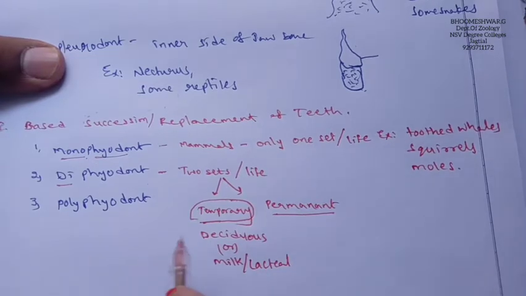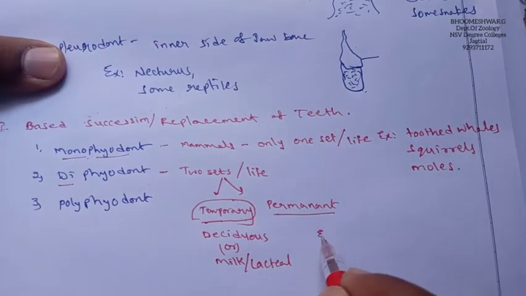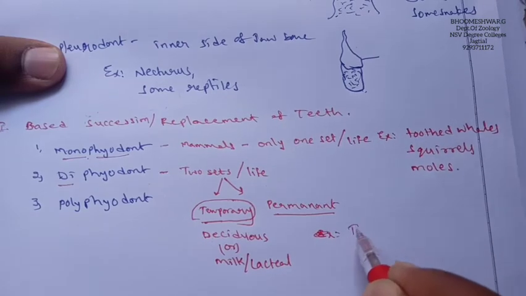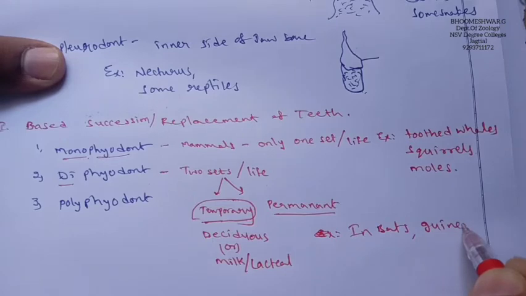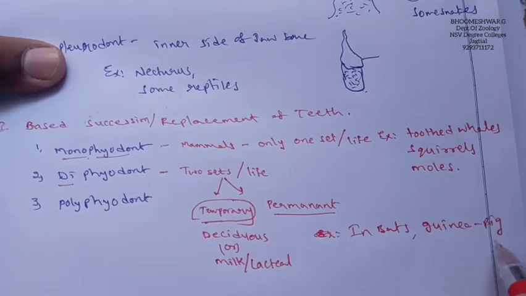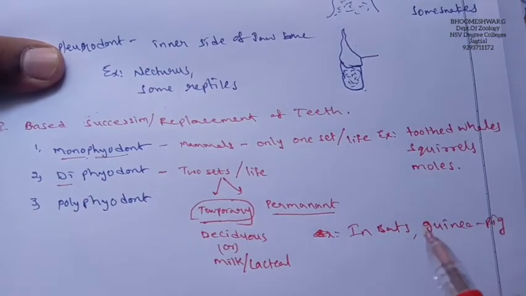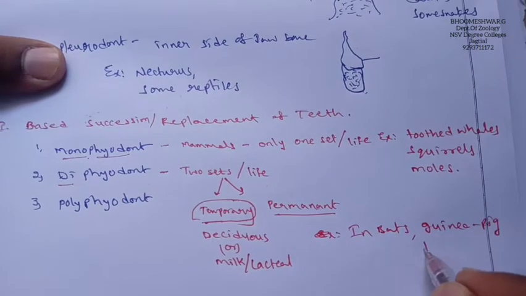In bats and guinea pigs especially, the milk teeth are lost even before birth.